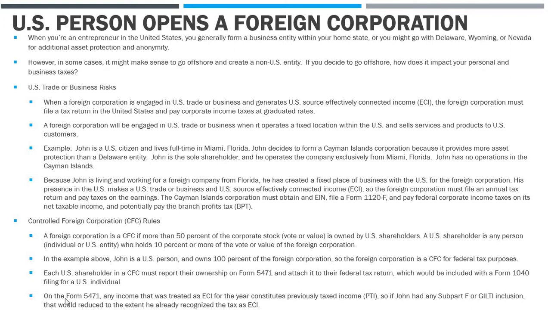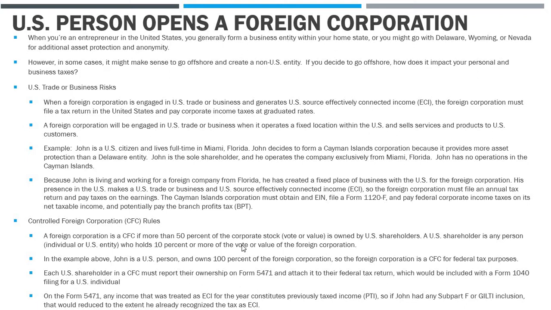Now, when you have a CFC, each shareholder must report their ownership on a Form 5471, which is included with their federal tax return. So when John files his Form 1040, he needs to include a 5471 with all the other schedules and attachments that are necessary, giving his category of filer, and that has to go along with his 1040.